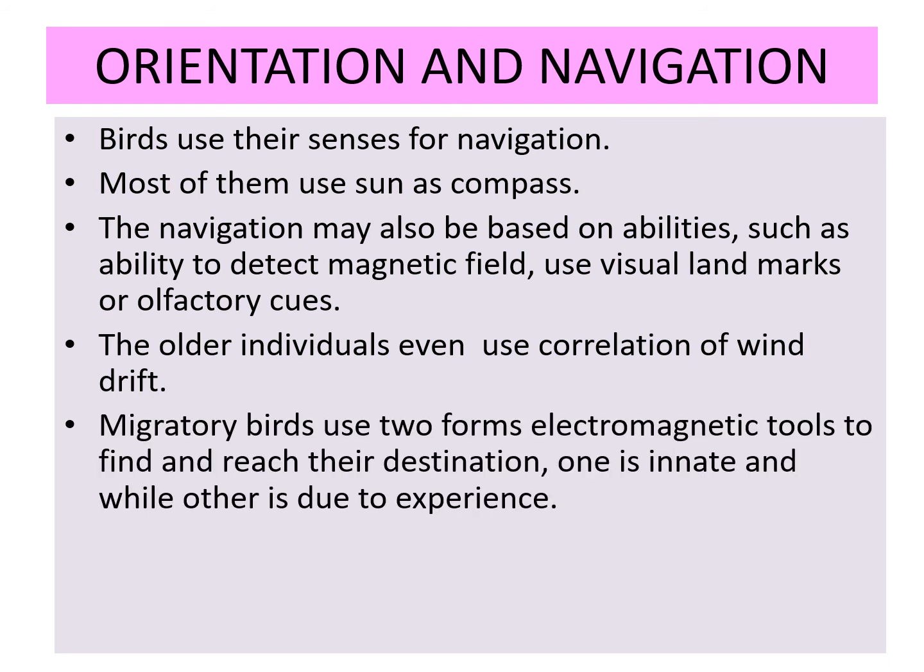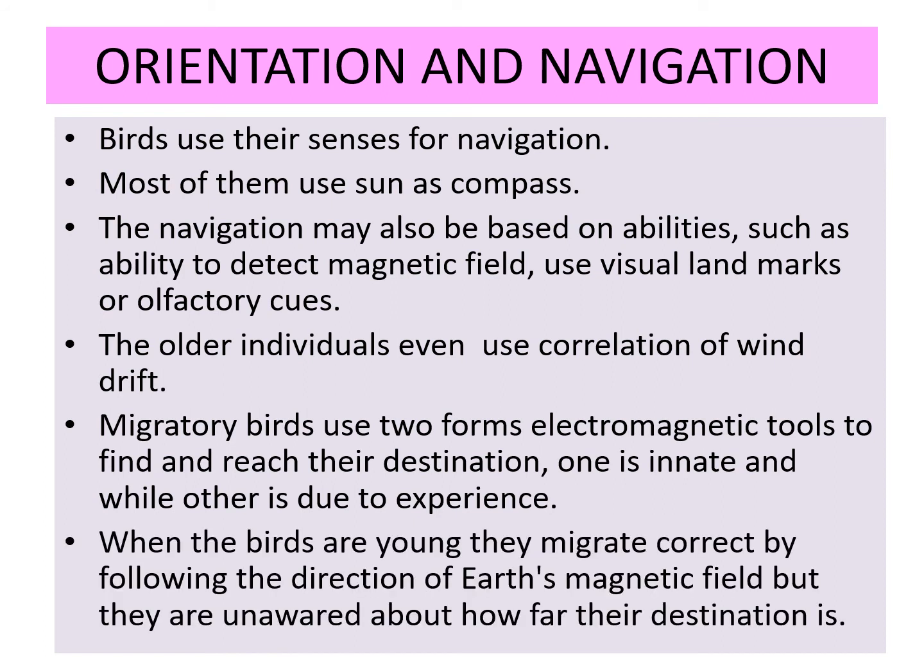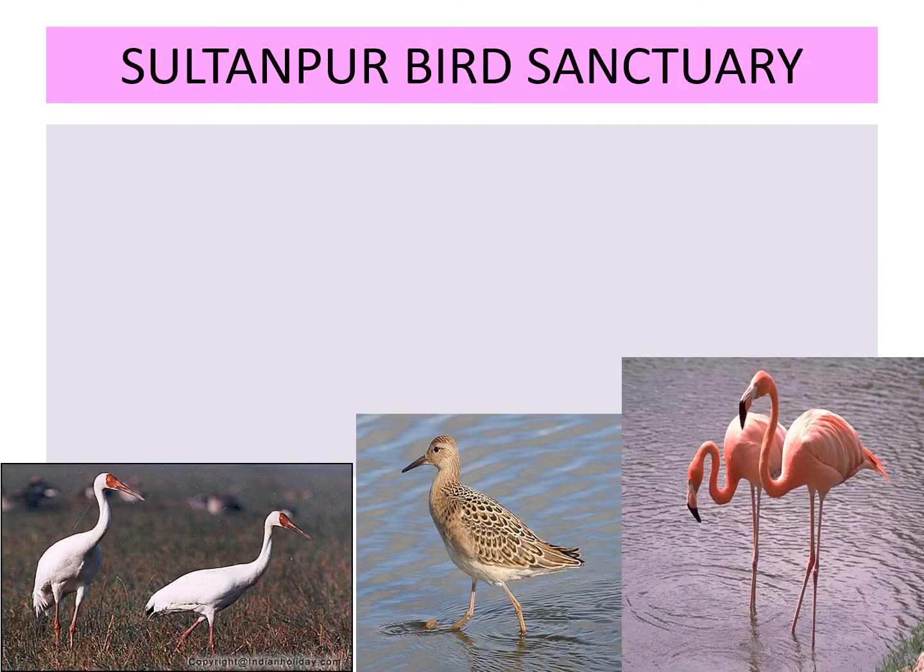The migratory birds use two forms of electromagnetic tools to find and reach their destination. One is innate, while the other is their experience. When the birds are young, they migrate correctly by following the direction of Earth's magnetic field, but they are unaware of how far their destination is.